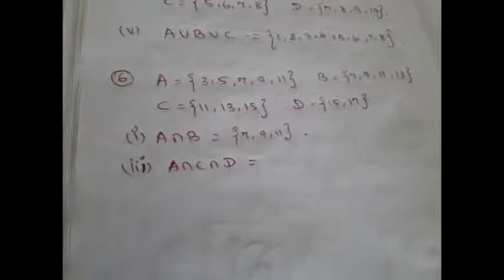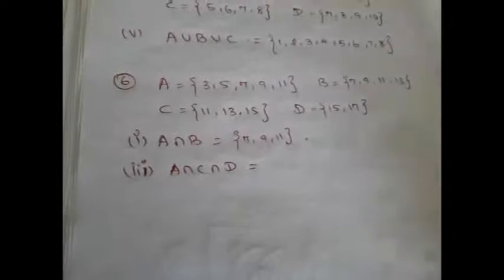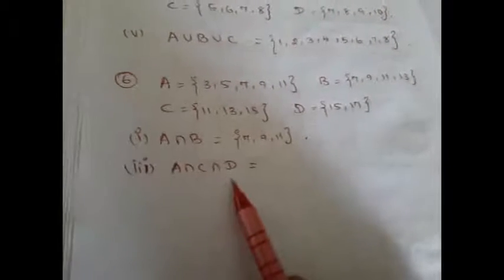Now how will you find the intersection of 3 sets? Intersection of 3 sets means the element which is available in all the 3 sets only will come under this, A intersection C intersection D. So you should check the set A, set C and set D and find which element is available in all the 3 sets.